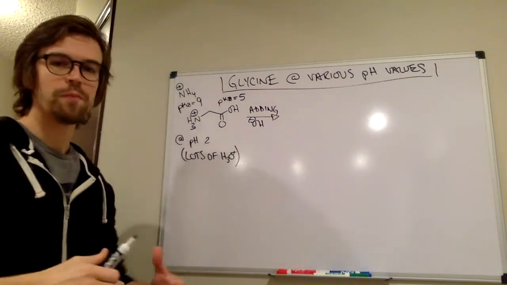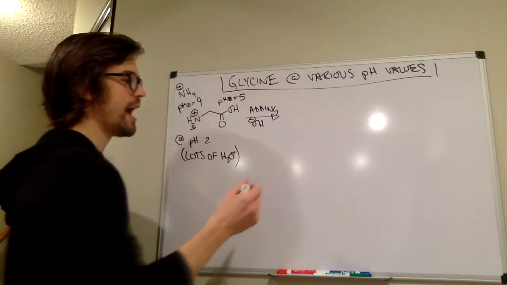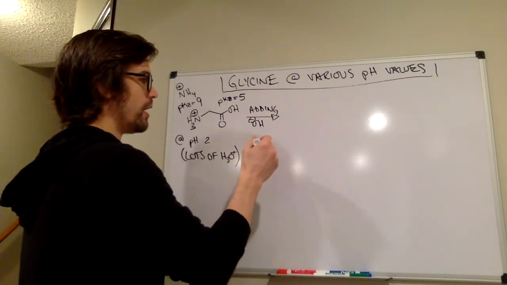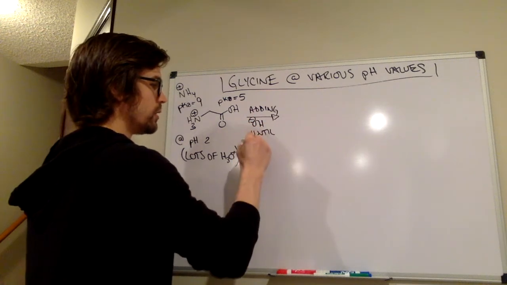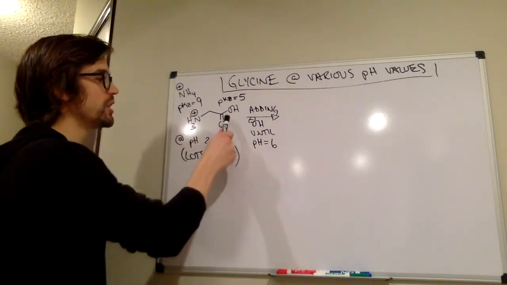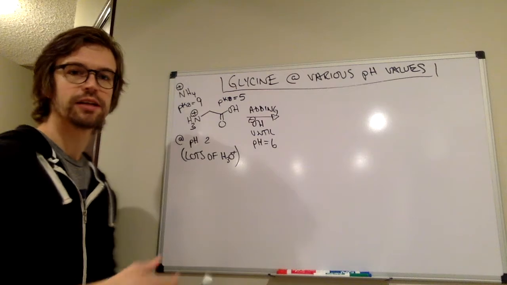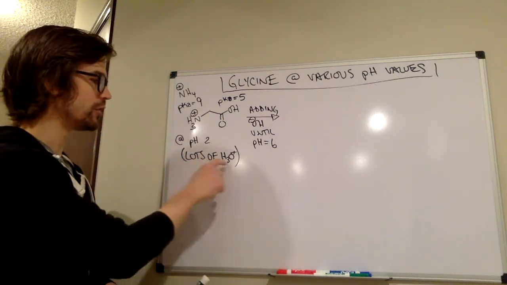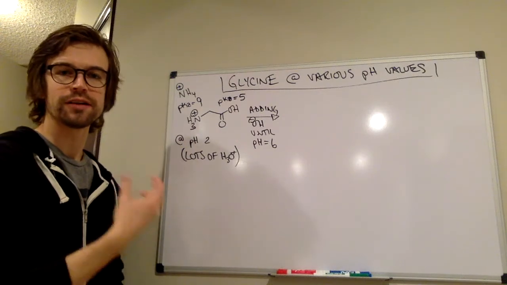That is making the solution less acidic, and we're adding OH until pH equals 6. Well, we have just passed the pKa of that carboxylic acid. There was, at pH 2, lots of H3O plus, enough to protonate that carboxylic acid.